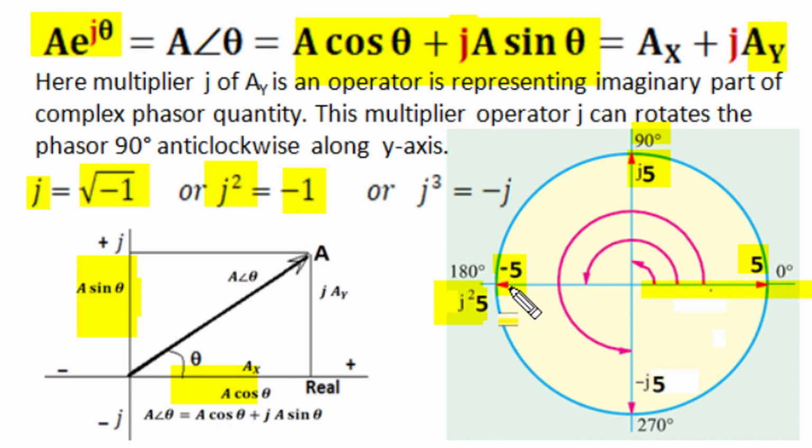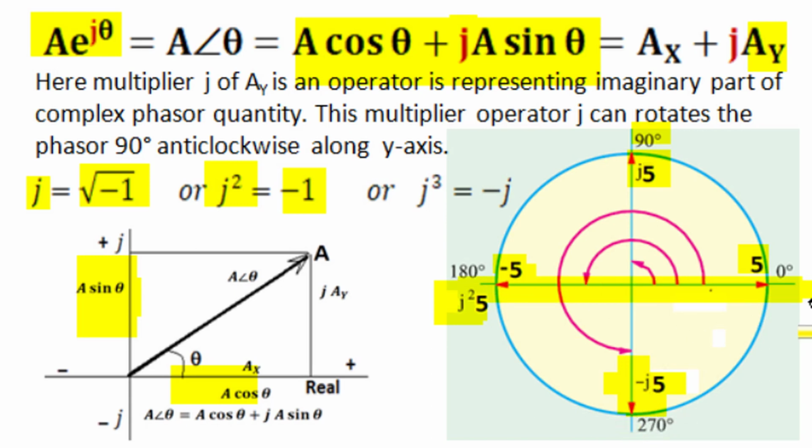So this would be the position of minus 5, and we can correlate that when j5 is multiplied by j as j square 5, this j5 vector gets rotated by 90 degrees in the anti-clockwise direction and gets this position. If we make one more multiplication of this minus 5 with j, then it will become minus j5 and will again get a 90 degree shifted position, here at this position.